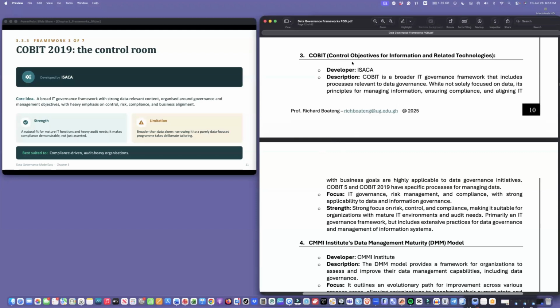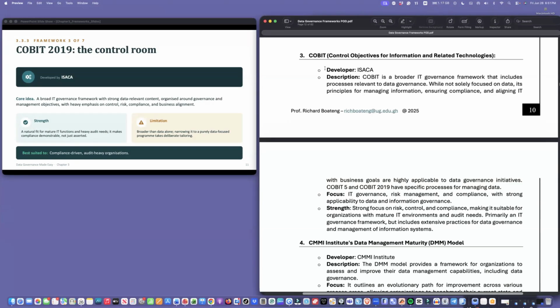Now, COBIT means Control Objectives for Information and Related Technology. So it goes beyond just managing data. But the 2019 version of the documentation, or prescriptions from COBIT, has processes for data specific issues. So it will cover IT governance, it will cover risk management and compliance with strong applicability to data and information governance.